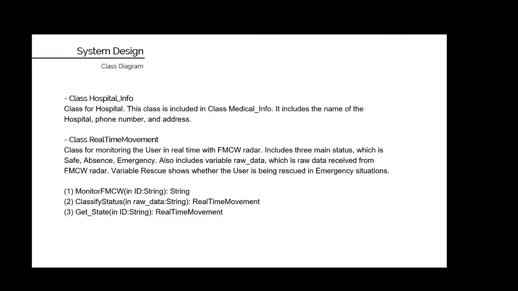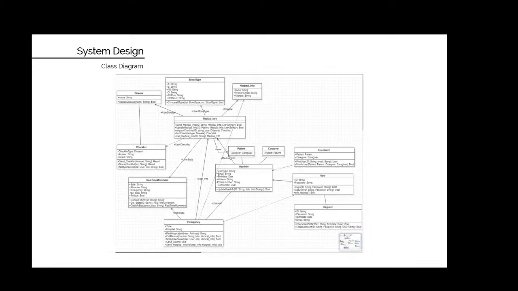And it has two functions: monitor FMCW and classify status, and get state. Class emergency is the class for when an emergency situation happens. It has five functions: find hospital, call rescue, notify user state, send alarm, and send hospital info. The class diagram of our system is as below.